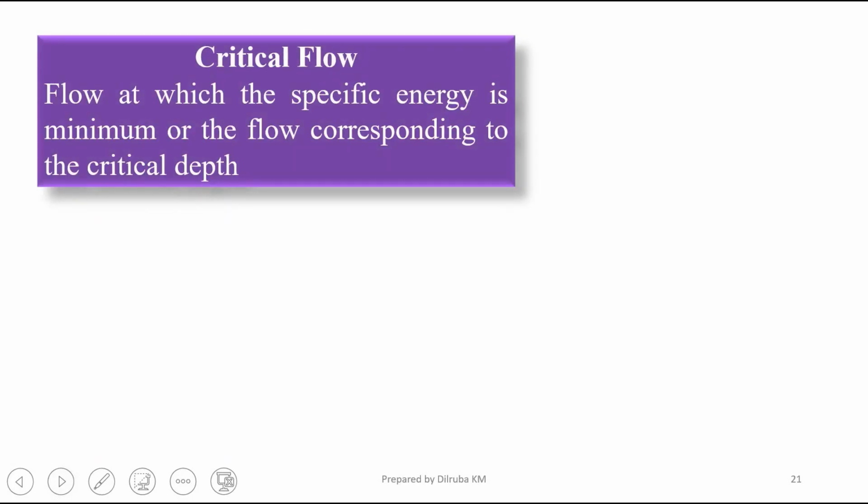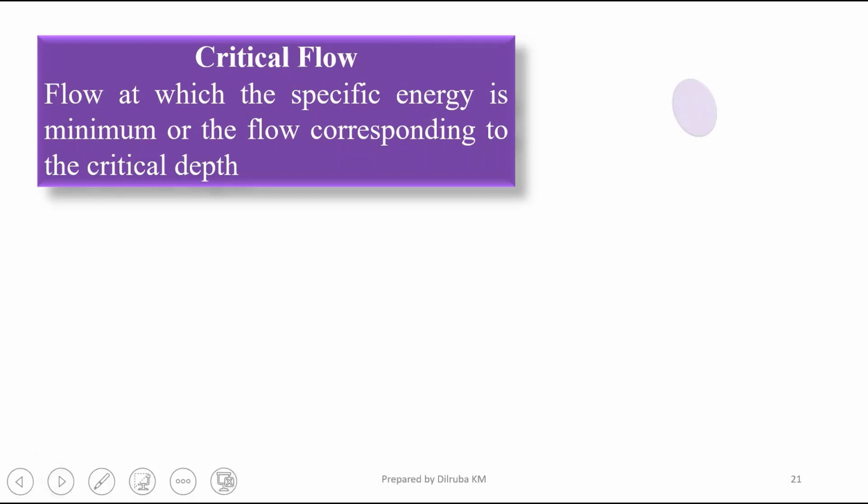Now let us have a look at critical flow. Critical flow is the flow at which specific energy is minimum, or the flow corresponding to critical depth. Or we can also say it is the flow at which the velocity of the flow is equal to critical velocity.